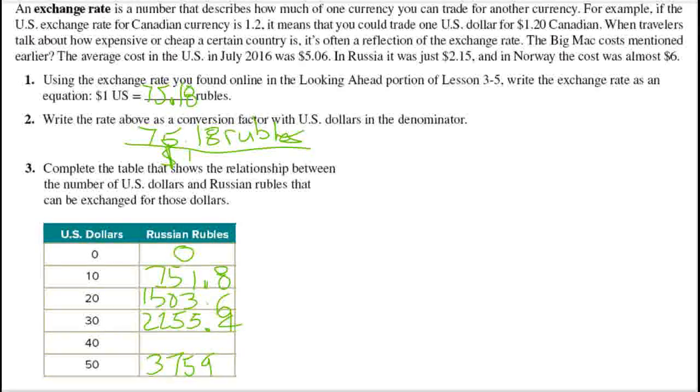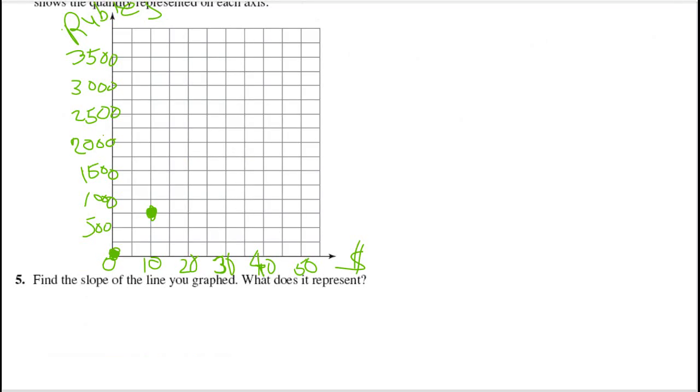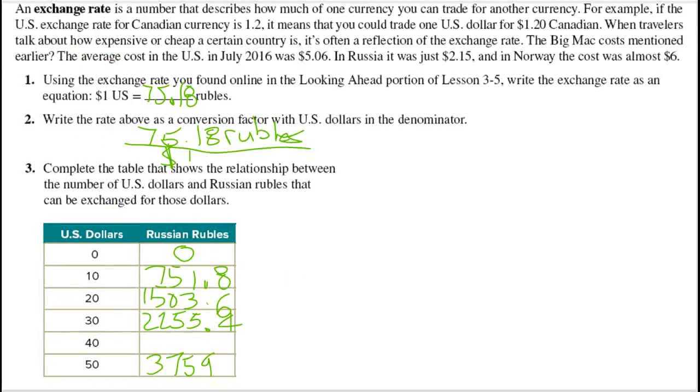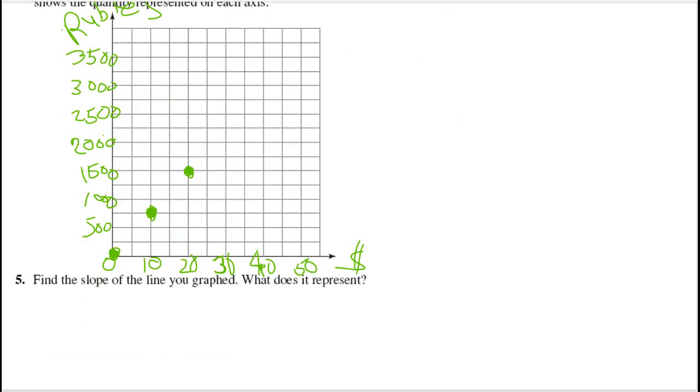Likewise, at 20, I get 1,500. And that dot is big enough that it's going to cover 1,503.8. We'll take the 2255 for 30, and I'll go up to 2250. 2250 is halfway between 2,000 and 2,500.